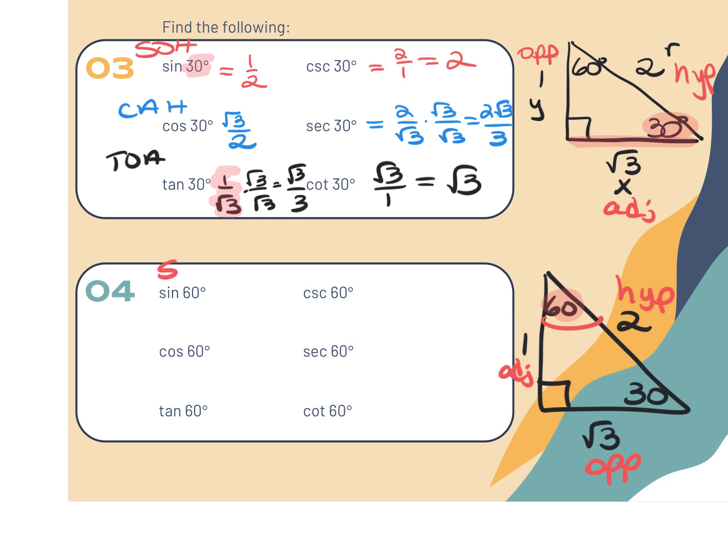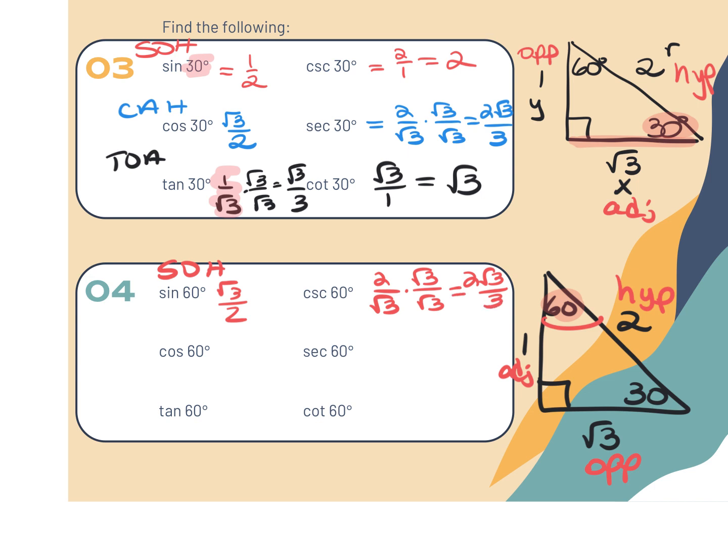So again, for sine, we're doing SOH. So for this one, we're going to do opposite over hypotenuse. And then for the reciprocal, we flip it. Cosecant, rationalize, 2 square root 3 over 3.